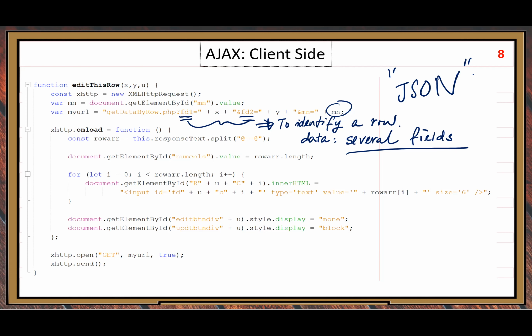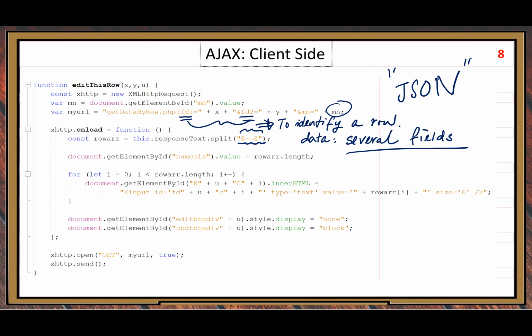But here, because we don't have that much time, in order to make our learning curve flatter, not too hard for you, I do not use JSON here. I use a simple way. I put those field values together, but I use a special symbol, a symbol I created to delimit the different fields. Between two adjacent fields, I insert this special symbol.